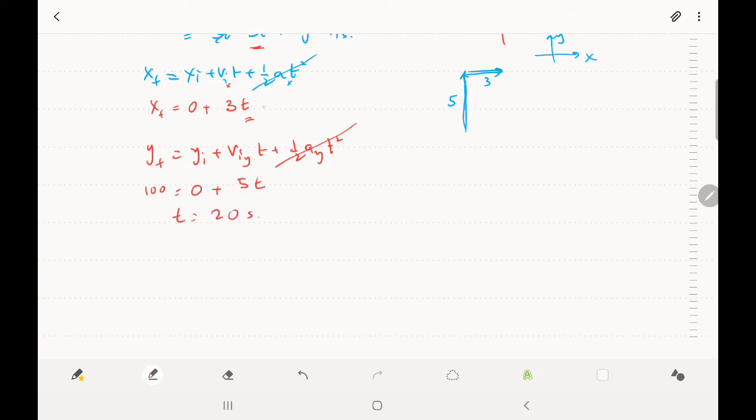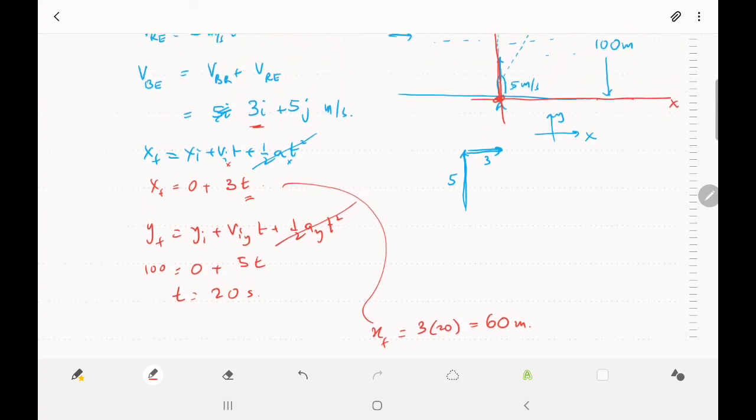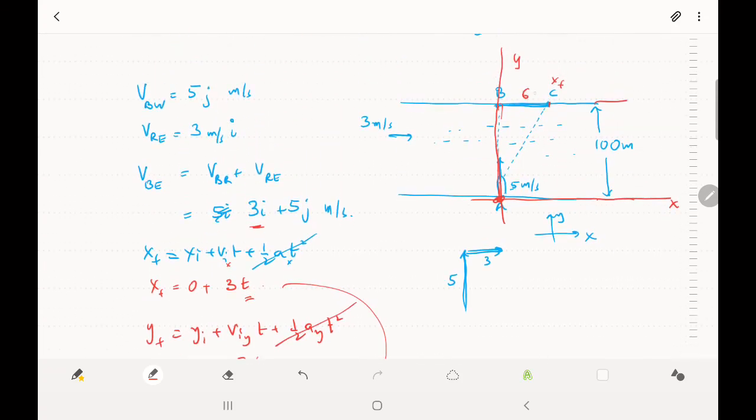We can plug that t in here, and so xf is going to be 3 times 20, 60 meters. So this distance is going to be 60 meters. This distance is 100 meters. We could also get that from trigonometry. If you have 5 here and this is 3, so if 5 becomes 100, 3 becomes 60.